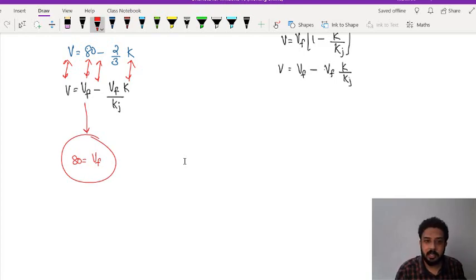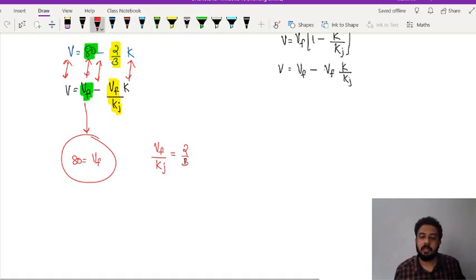Now K and K is there, then what is remaining? This 2 by 3 is remaining, Vf by Kj is remaining. What is the meaning? Vf by Kj is equal to 2 by 3. We need to find what is Kj. We already got Vf from here. Vf is equal to 80.